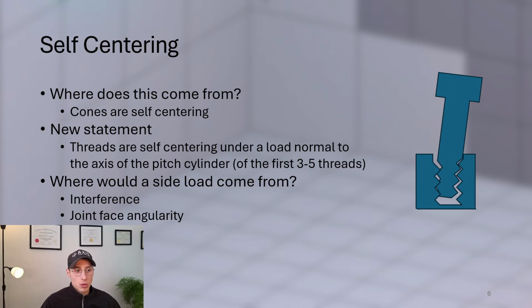What we can't ignore is that angular offset, and that could come from something like joint face angularity. Joint face angularity is the idea that the part being clamped by the fastener is not perfectly perpendicular to the axis of the threaded hole.